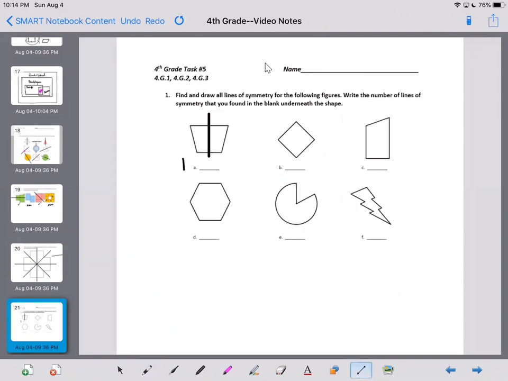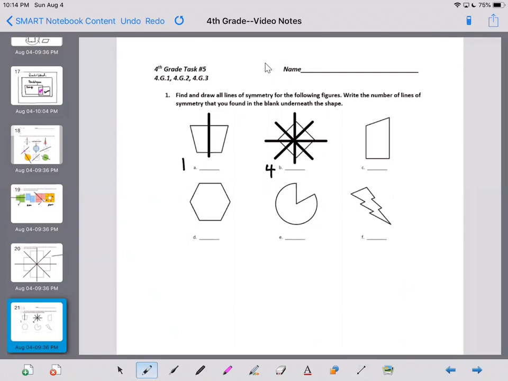Here I have a 4-sided shape. So I'm definitely going to have 1, 2 lines of symmetry, but then I also have 3 and 4. So I actually have 4 lines of symmetry with the square.